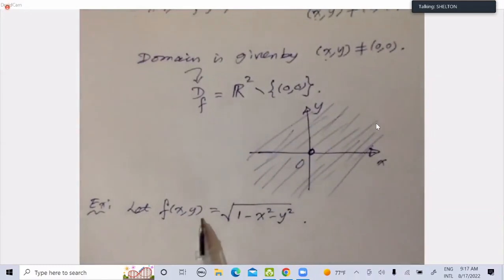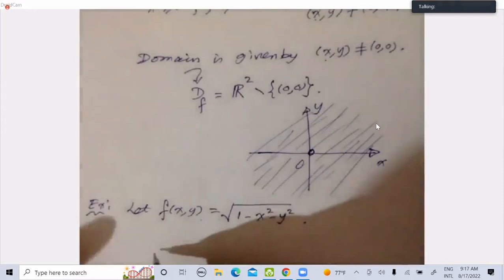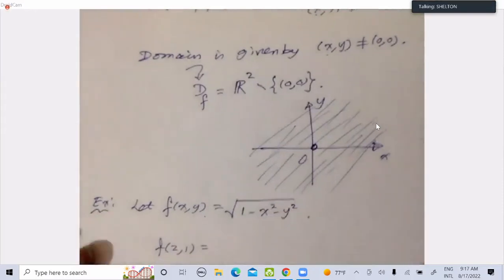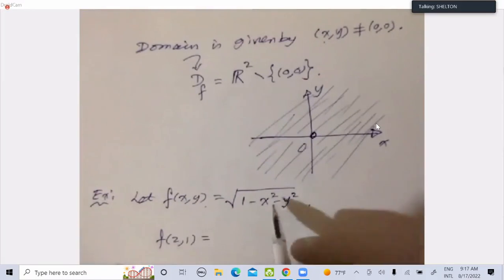Function of two variables. What is f of 2 comma 1? What do you get? Square root of, yes.